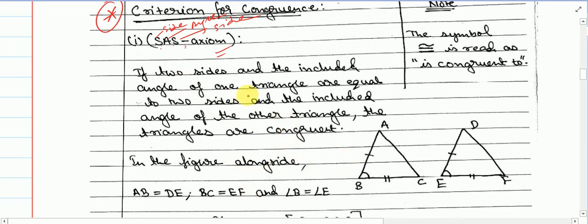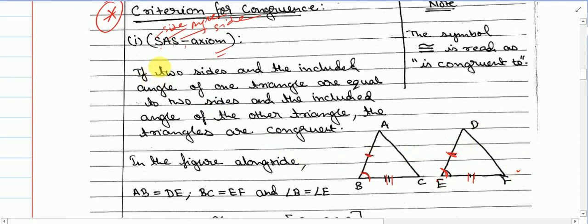Side angle side axiom is satisfied means if you have got two triangles where two sides are equal, like this side and this side equal, this and this equal, and the including angle equal, then we say that triangle ABC and triangle DEF are congruent.